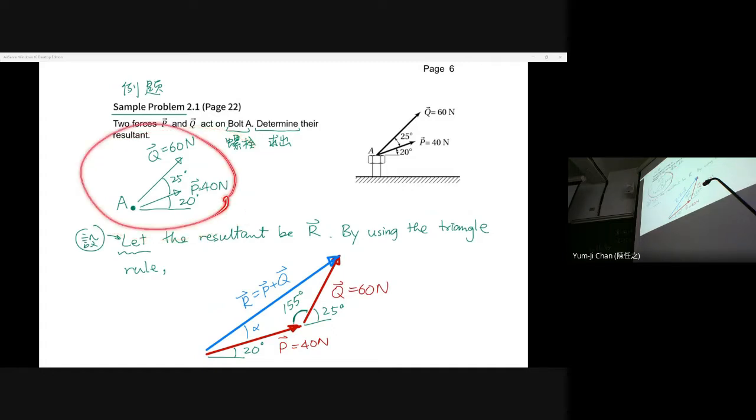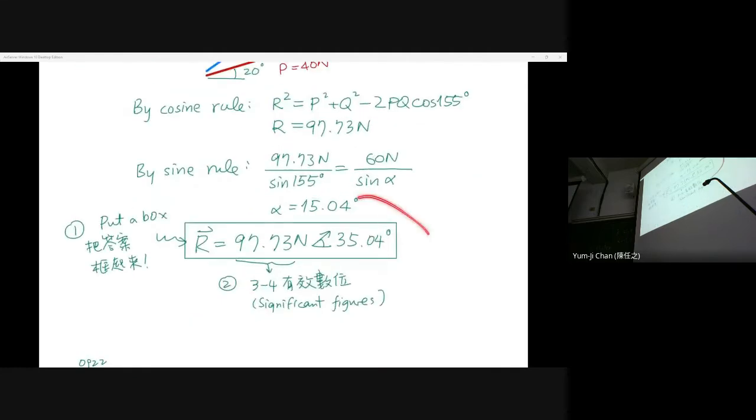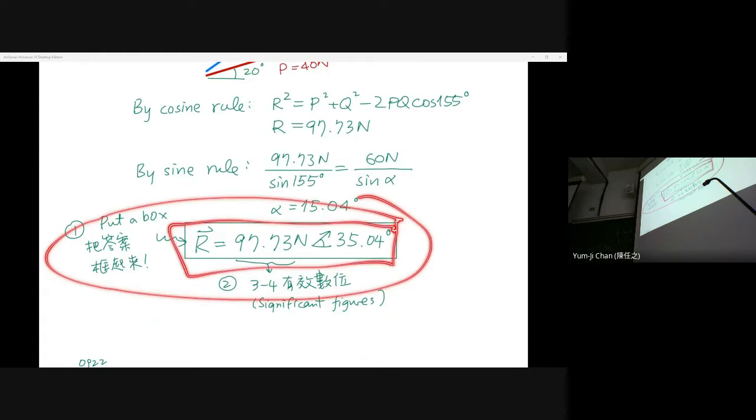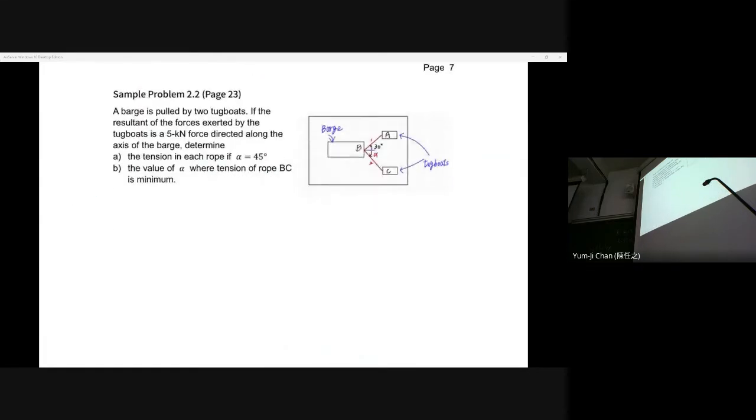For all the unknowns, just write let something be a symbol and then do the calculations, and remember to put a box around your result. Okay, these three things. So today I will go on with sample problem 2.2.